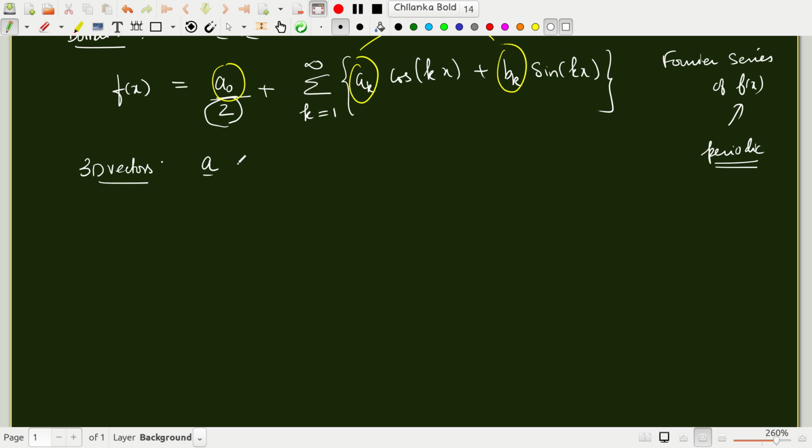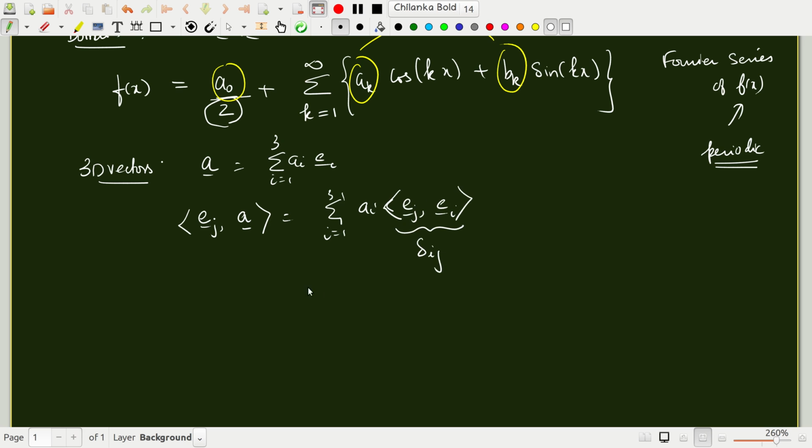Suppose I say A is summation a_i e_i, i going from 1 to 3, then in order to find the coefficient a_j, you take the inner product of both sides with respect to e_j: summation i is 1 to 3, a_i times the inner product of e_j with e_i. Now if it is an orthonormal basis, this is delta_ij, so this will become a_j is the inner product of e_j with A.